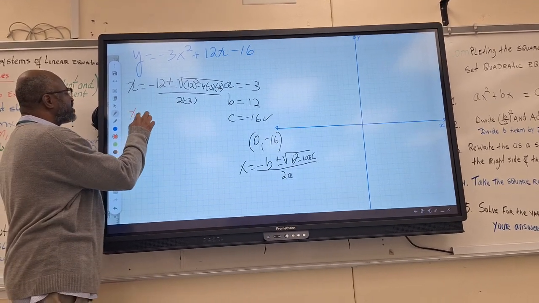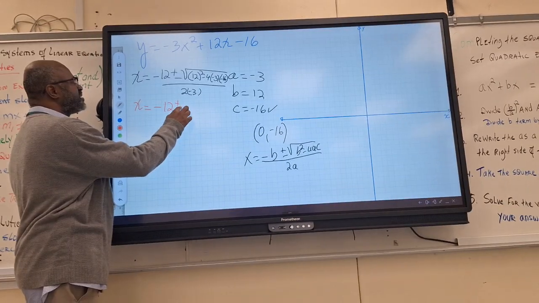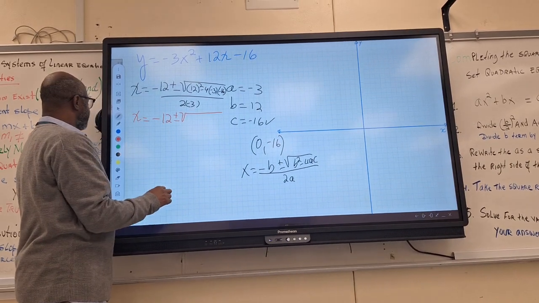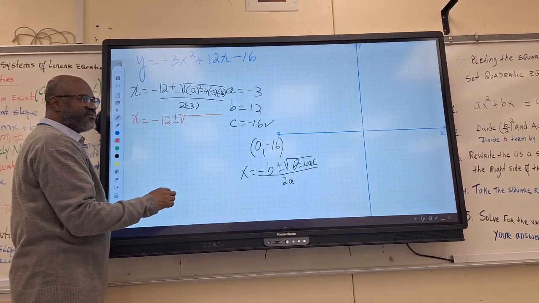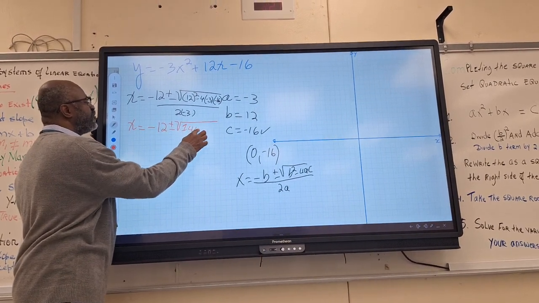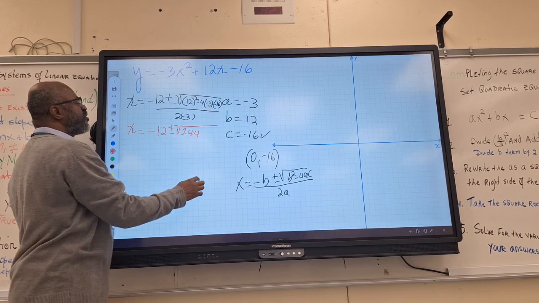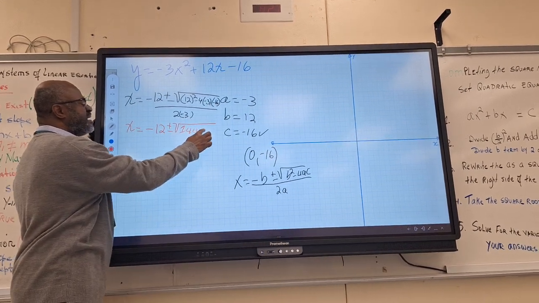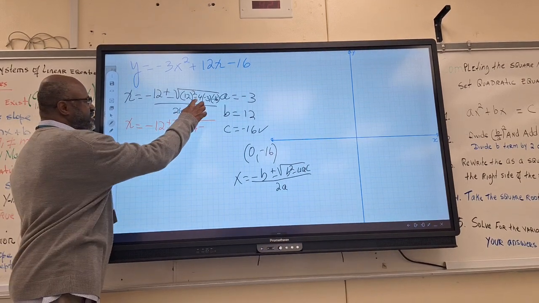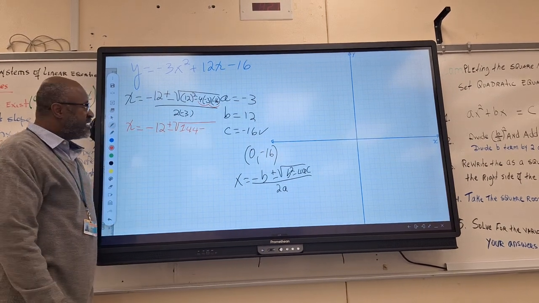So we'll have x equals minus 12 plus or minus, what is 12 squared? 12 times 12, that will be 144. Now be careful, we have 3 negatives. Two negatives give you positive, and positive times negative is negative.